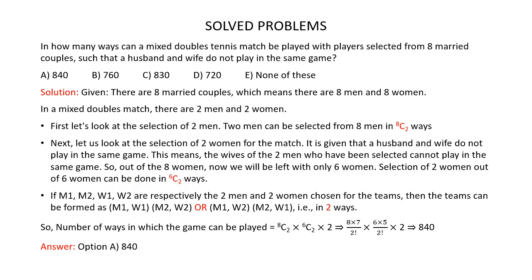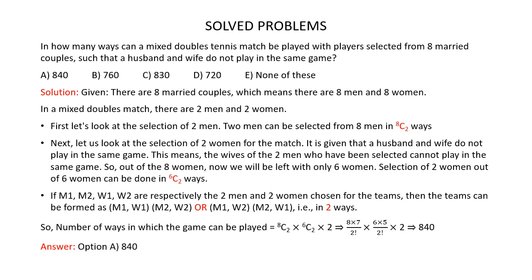Now, if M1, M2, W1, W2 are respectively the 2 men and 2 women chosen for the teams, then the teams can be formed as M1, W1, M2, W2 or M1, W2, M2, W1. That is, the teams can be formed in 2 ways.